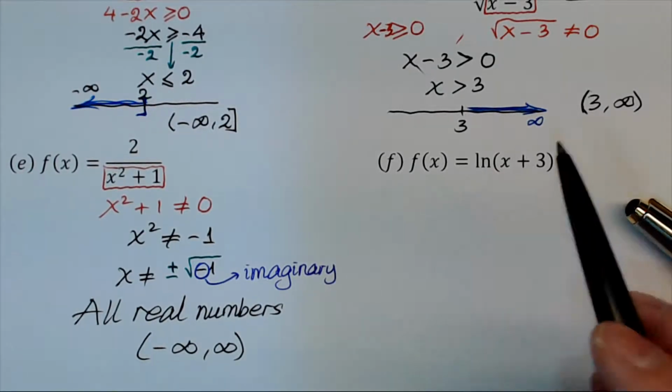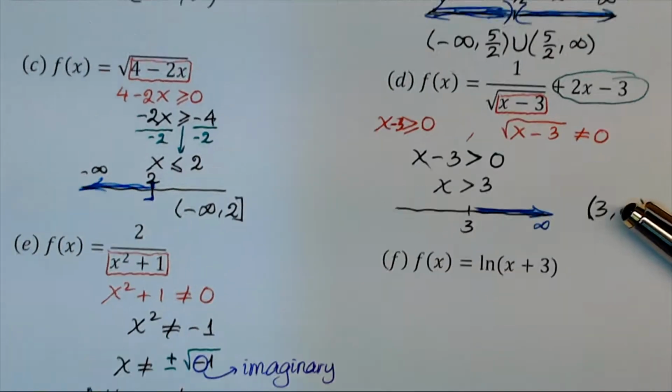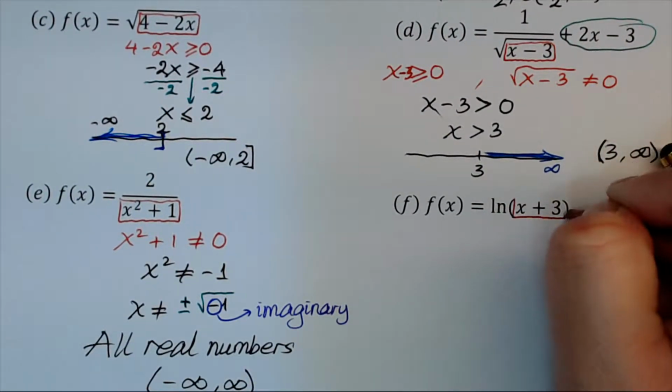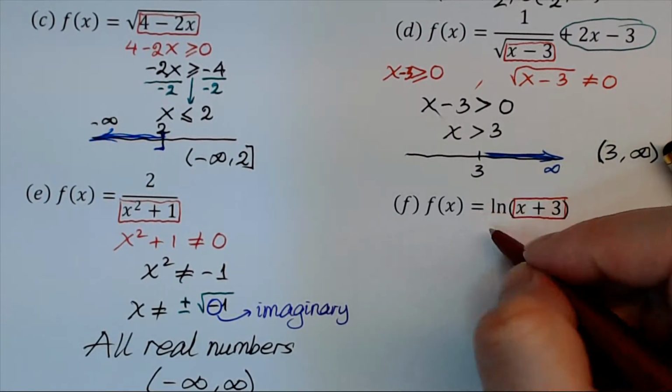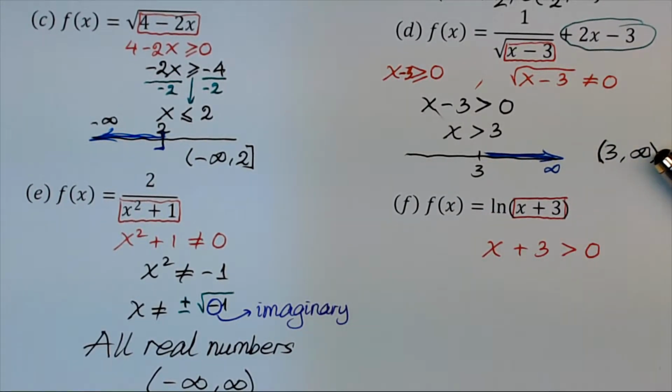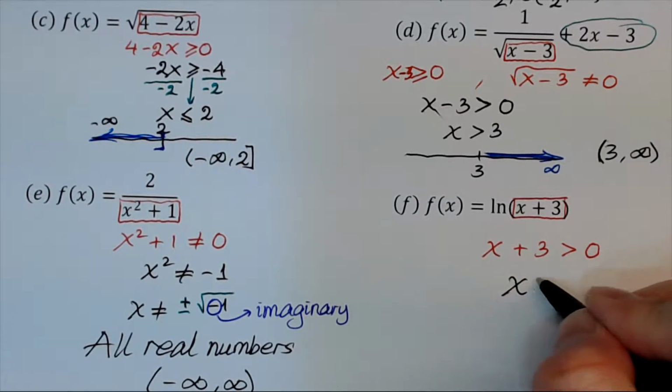Next we have the natural log of x plus 3. That is the third rule we have: the argument of the log must be positive. Subtract 3 on both sides, we have x greater than negative 3.